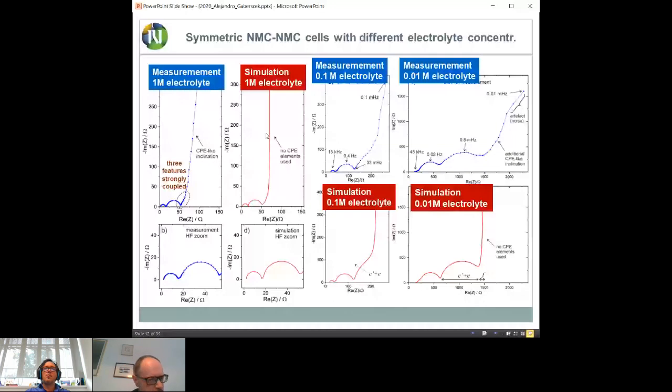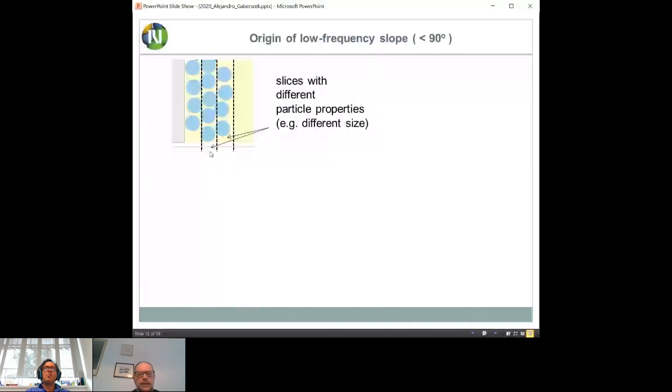I don't know exactly, but I can tell you possibilities. One obvious possible reason is that what we have in reality is different particles. Different particle size will generate some inhomogeneity, and of course we do have different particle size, only that we don't know the distribution.